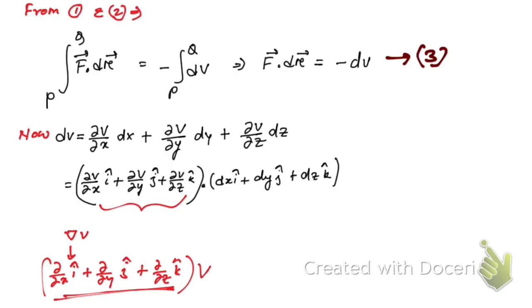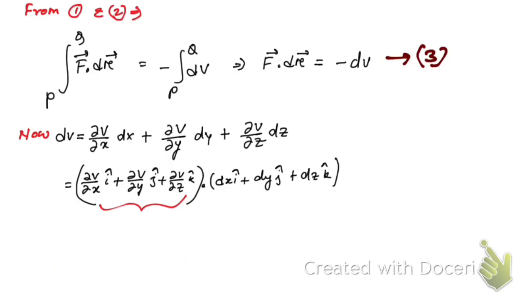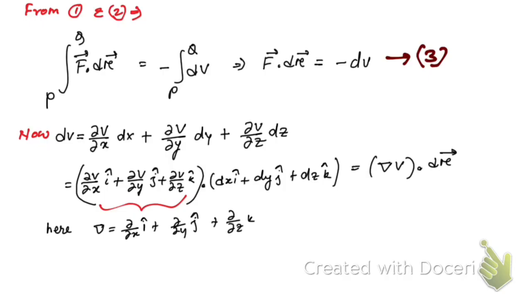So what we can do here is write grad V dot, and this is nothing but dr. Therefore del is equal to del x i cap plus del y j cap plus del z k cap, and dr can be written as dx i cap plus dy j cap plus dz k cap, right?